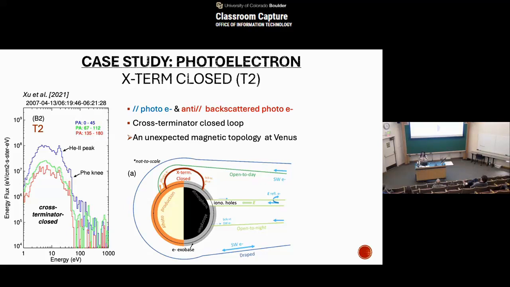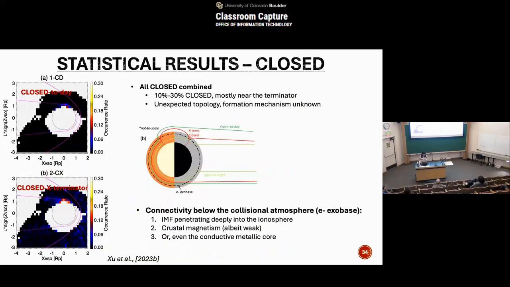But it means the magnetosphere at Venus is not as simple as we thought previously. And then based on some statistical study with Venus Express data, we show that this kind of configuration is not a single event. It's not some special occasion.